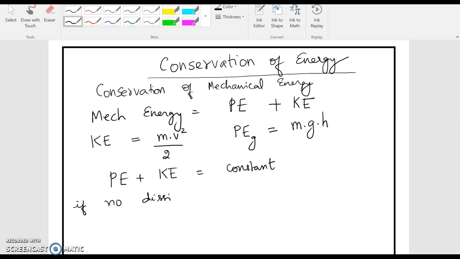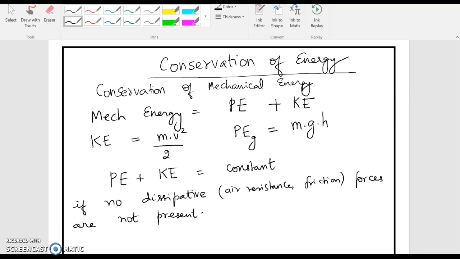If there are no dissipative, or what we call non-conservative, forces, for example, air resistance or friction, then we can say that the total energy of the system will remain constant. What that means is the energy can be converted from potential to kinetic or vice versa, but the total energy always stays the same.